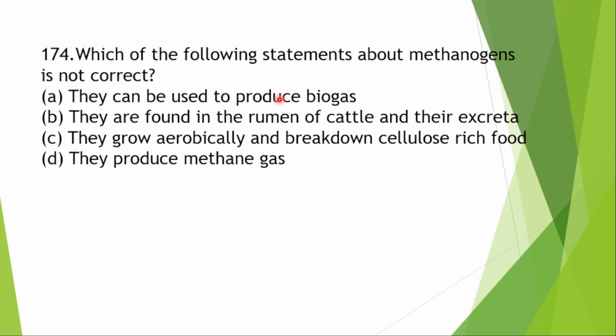They can be used to produce biogas, right? They are found in the rumen of cattle and their excreta, right? They grow aerobically and break down cellulose rich food. No, they are obligate anaerobes. They are not aerobic. So the right option is C.